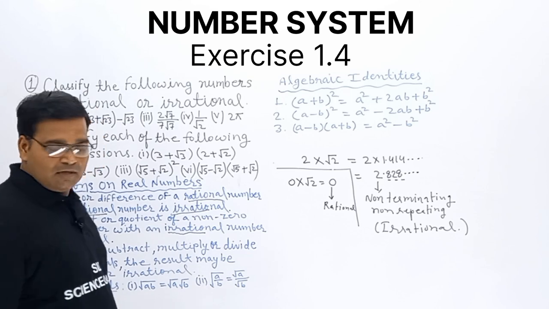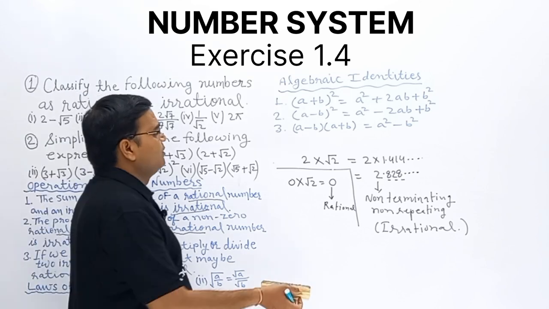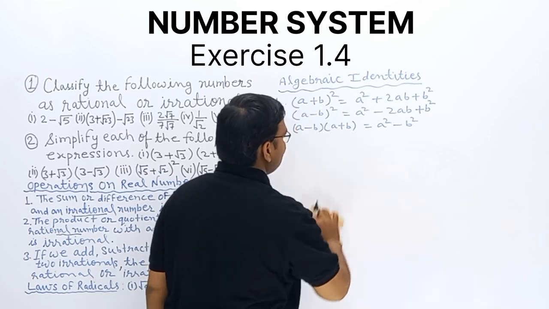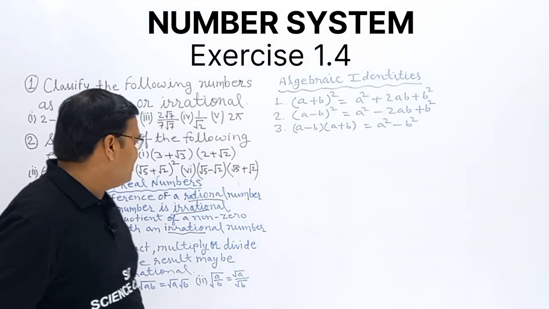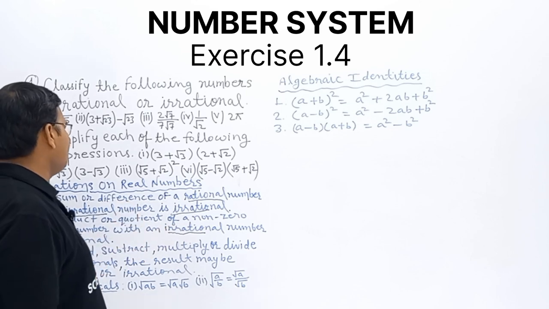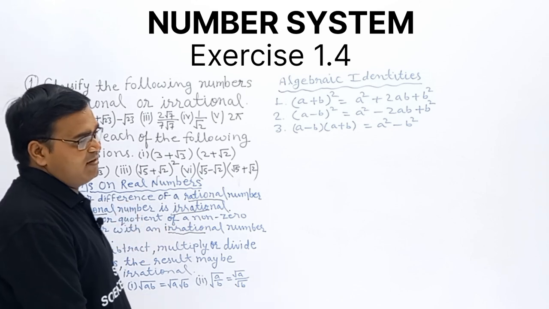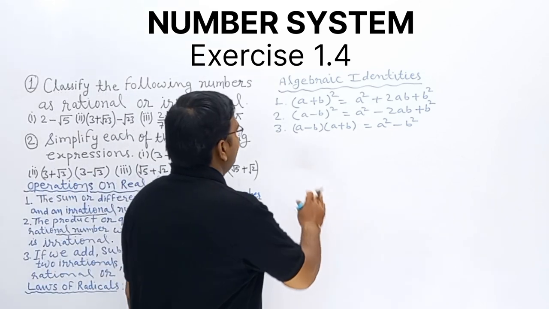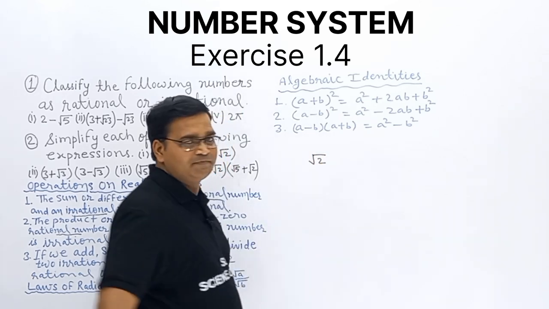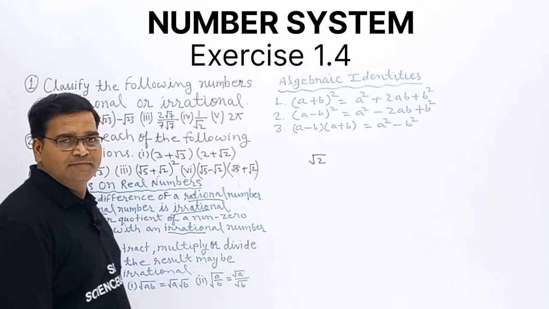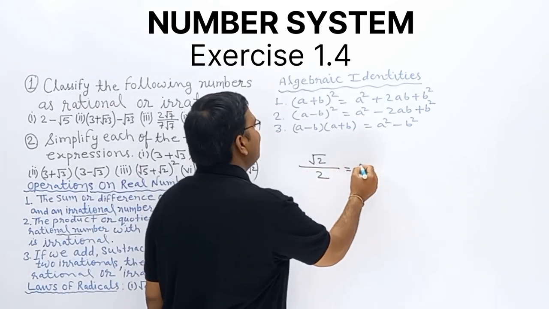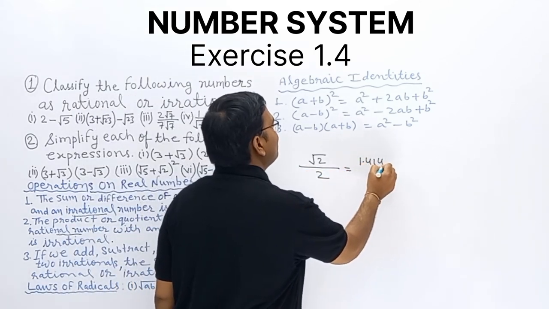Clear? Now I am going to do division. What about the division? Now I am taking division, the quotient of a non-zero rational number with an irrational. So once we take root 2, this is irrational, and divided by 2, result will be 1.414 something.